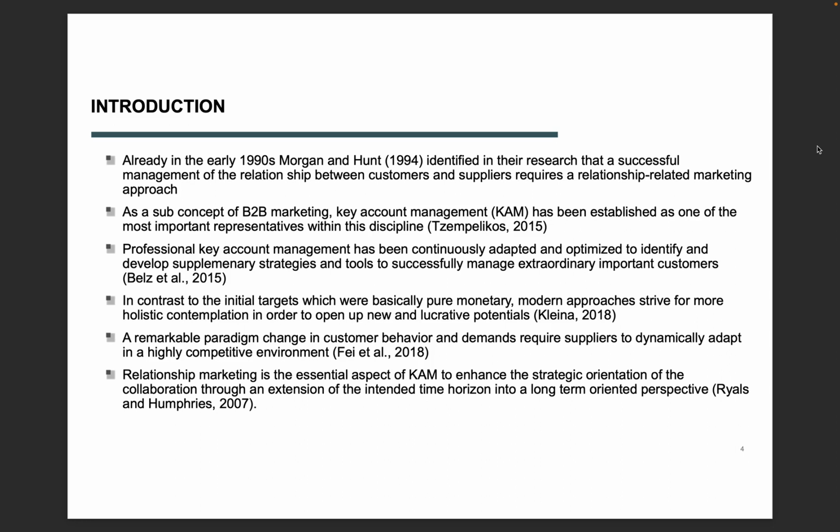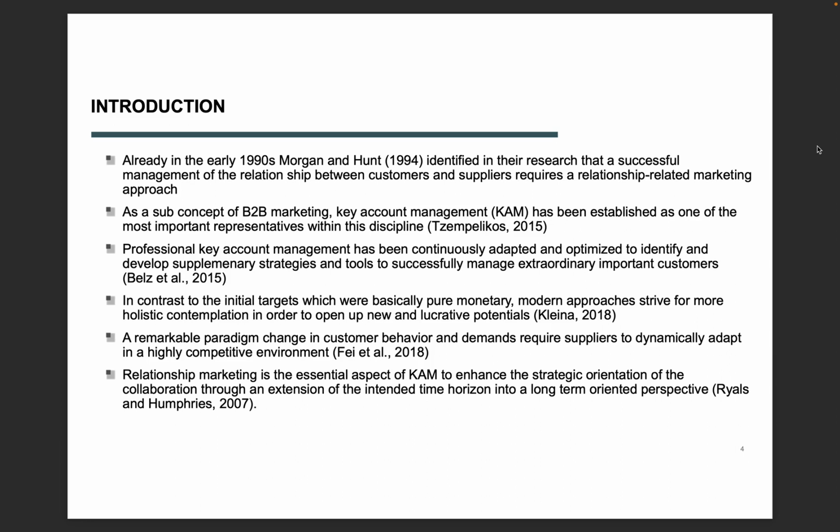And out of this approach, the relationship marketing theory was developed, and as a sub-concept of B2B marketing, key account management, or short KAM, has been established and is meanwhile one of the most important representatives within this discipline.